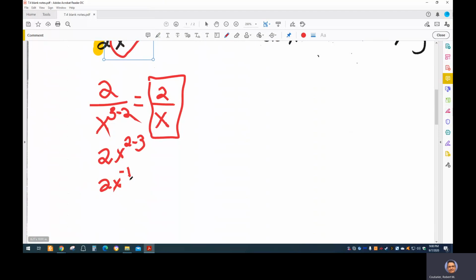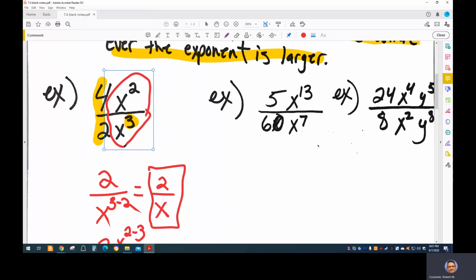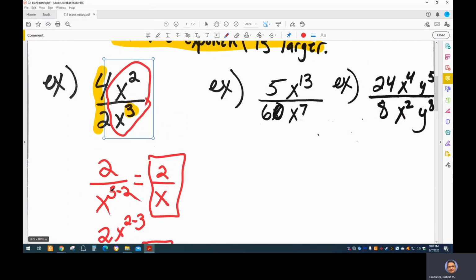And then we know from our rule of negative exponents, you're not allowed to keep the negative upstairs, so it has to go downstairs, and then it becomes positive. We don't want to add extra work to ourselves, okay? So there's no need to do this step if you make sure that you're doing your subtraction wherever that exponent is larger. Let's look at this next one.